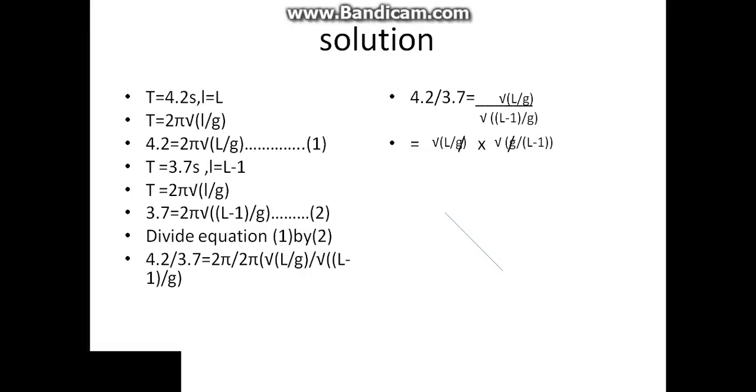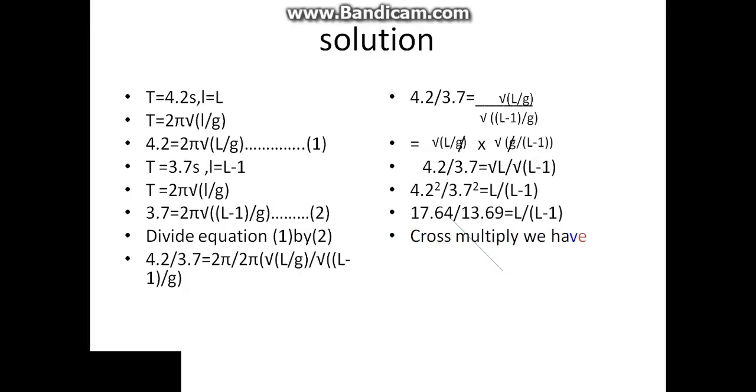Removing the square root to the other side, we have 4.2 squared over 3.7 squared equals L over L minus 1, which is 17.64 over 13.69, which will now give us L over in bracket L minus 1.